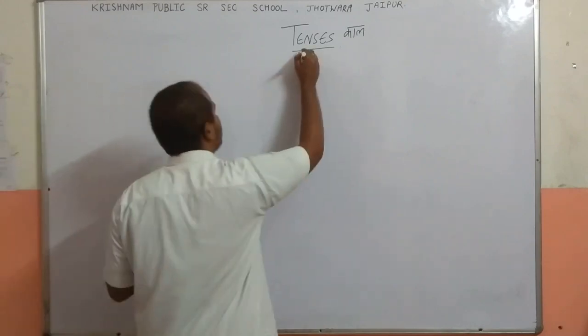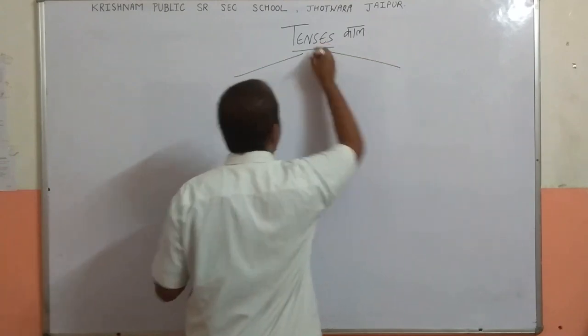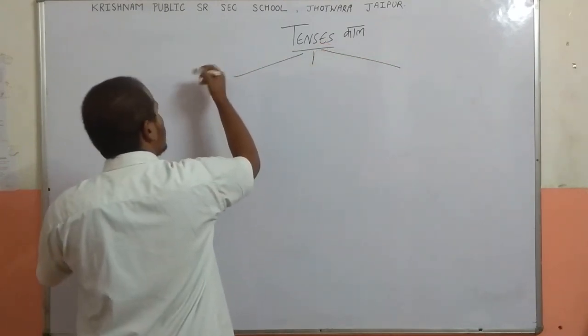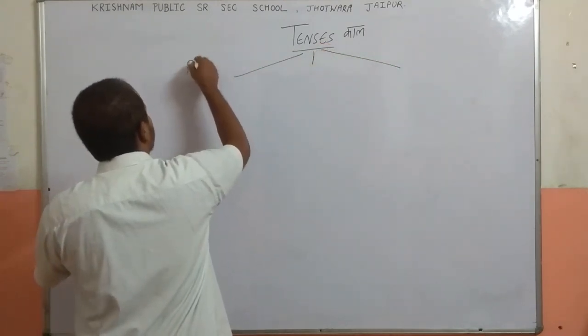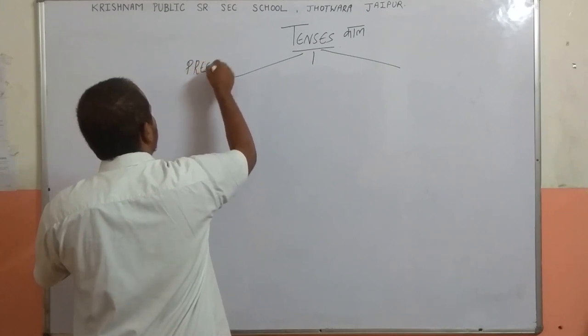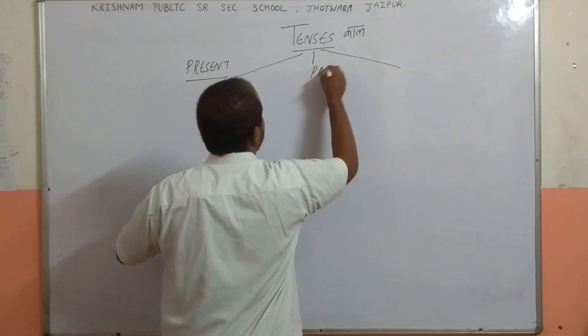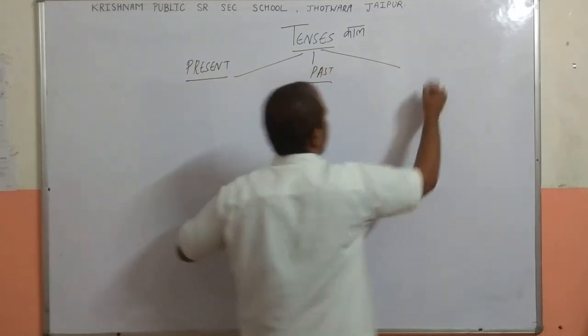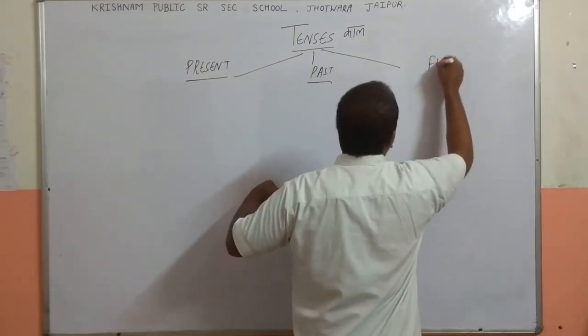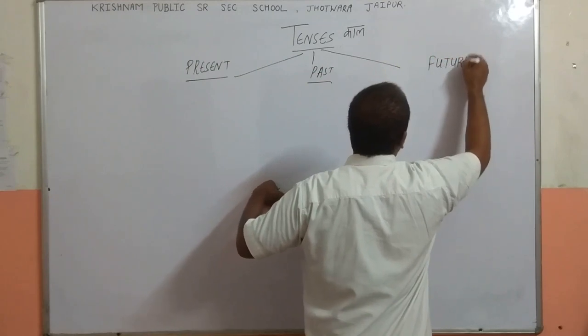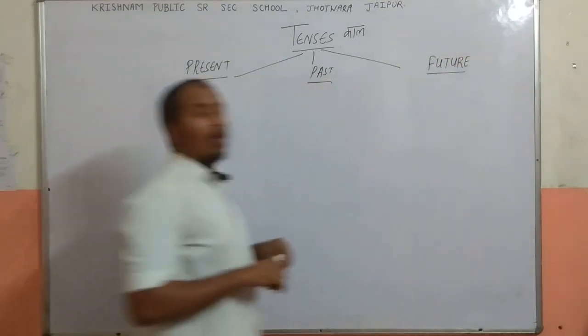Now we subdivide tense into three types. The first one is present tense, वर्तमान काल, जो अभी हो रहा है. The past tense, भूतकाल, जो हो चुका है. The future tense, भविष्य काल, जो होने वाला है.